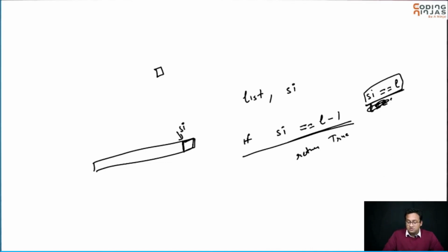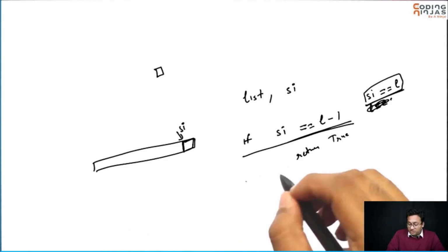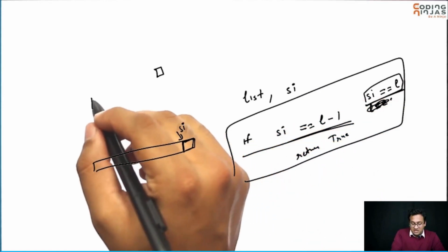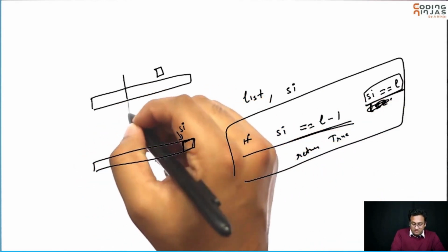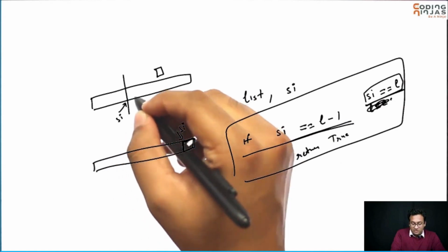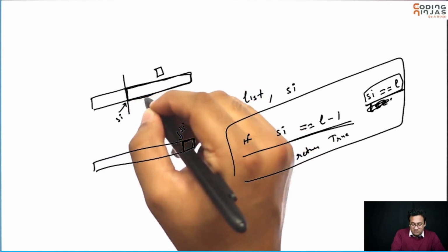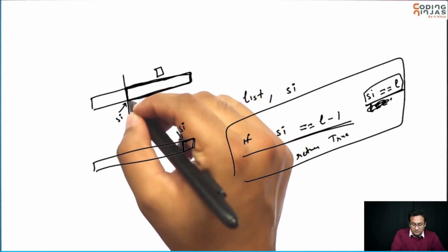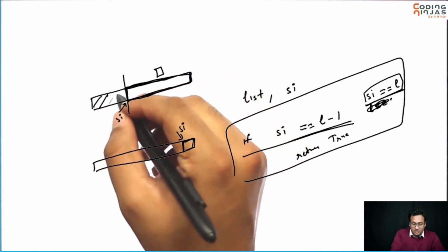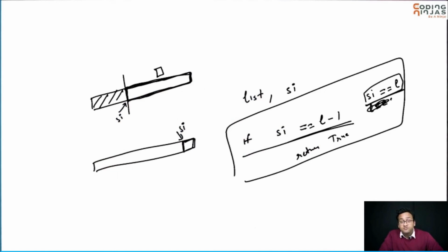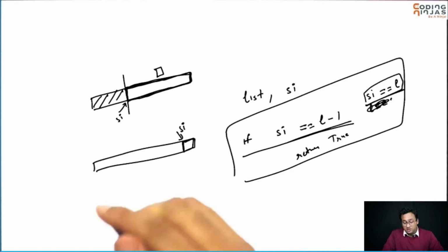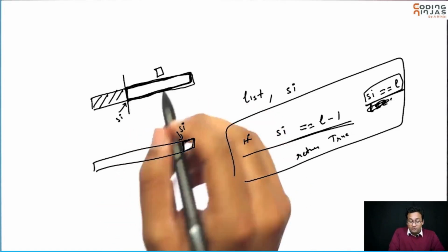And if that's not the case, that basically means I have a list, you have given me a starting index, and I need to check from here to here if the list is sorted or not. I'm not going to worry about this part. We'll apply exactly the same logic on this smaller part. So what was our logic?